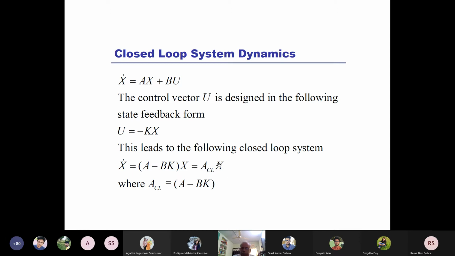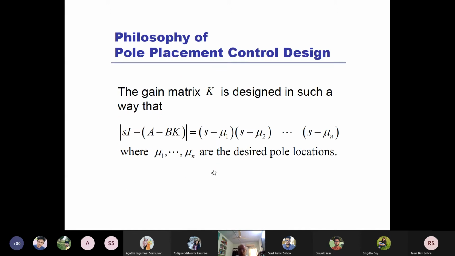So the determinant of sI minus A_CL is the characteristic equation, and it will be equal to (s - mu1)(s - mu2)...(s - mu_n), which is the characteristic equation for the desired closed loop system.